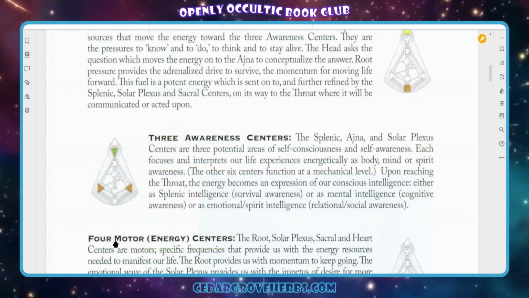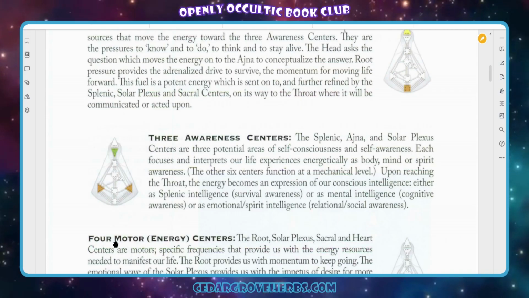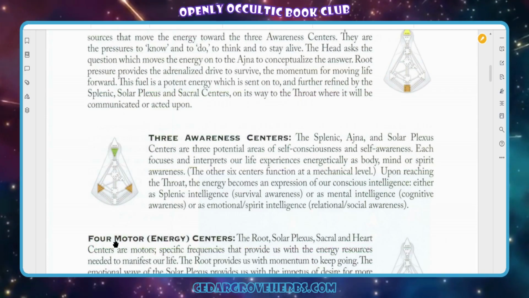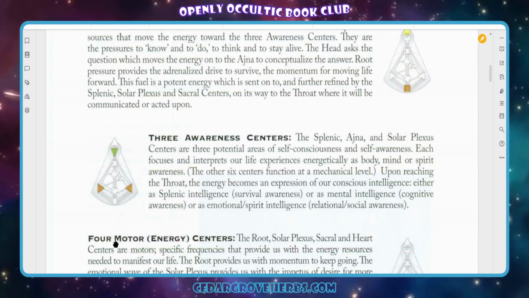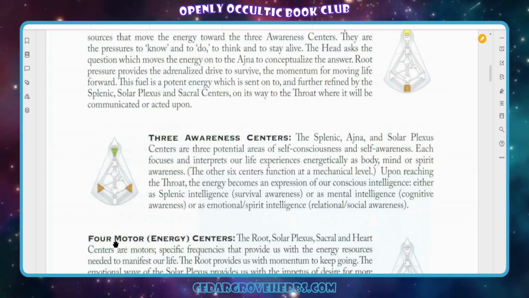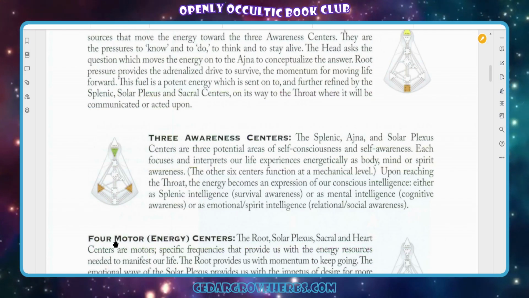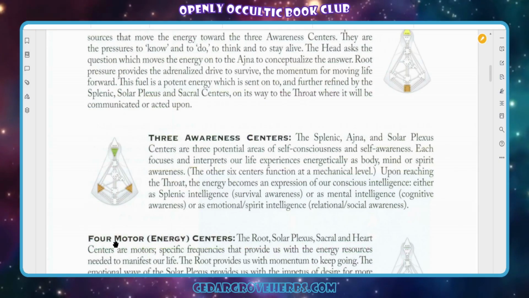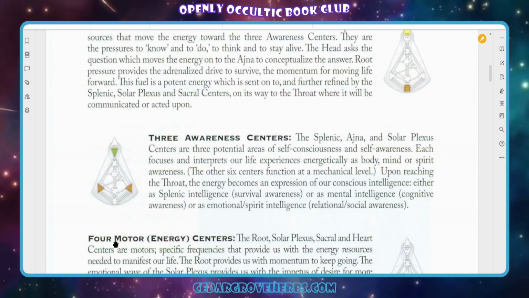There are 3 awareness centers. The splenic, ajna, and solar plexus centers are three potential areas of self-consciousness and self-awareness. Each focuses and interprets our life experiences energetically as body, mind, or spirit awareness. The other six centers function at a mechanical level.